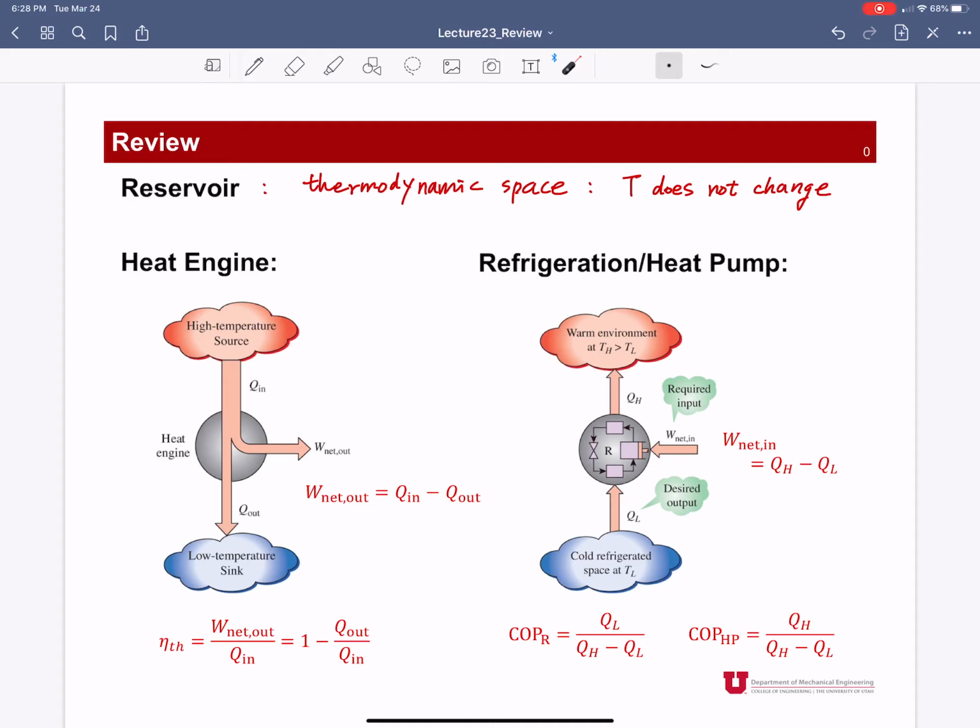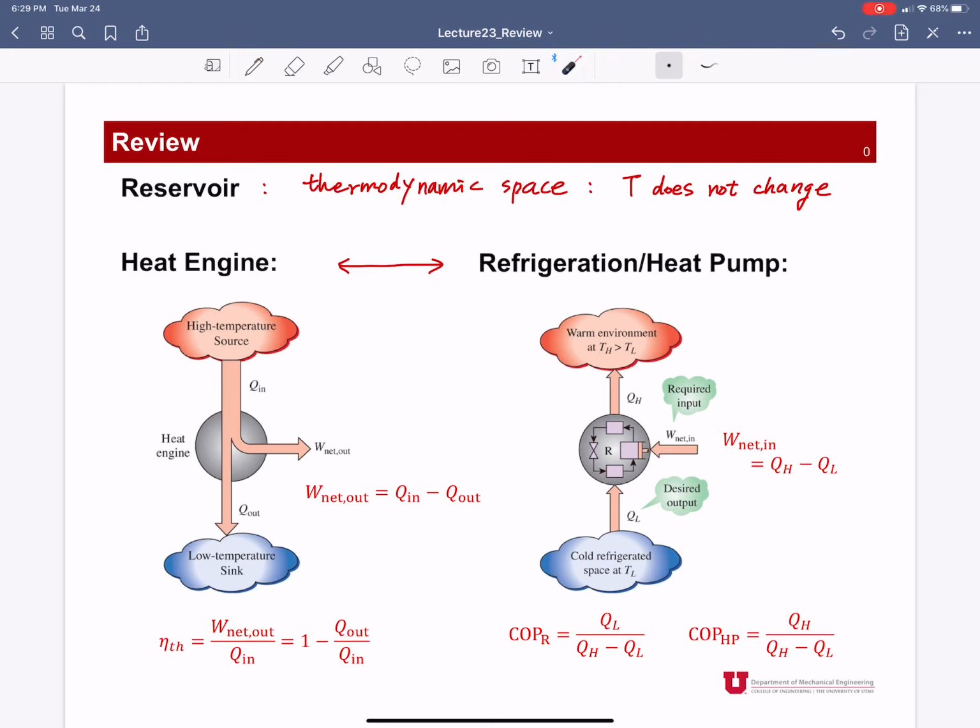Compared to heat engine, the refrigeration or heat pump wants to get certain heat out or put certain heat in to system by applying certain work to the thermodynamic cycle. So heat engine is opposite in purpose and direction against the refrigeration and heat pump.